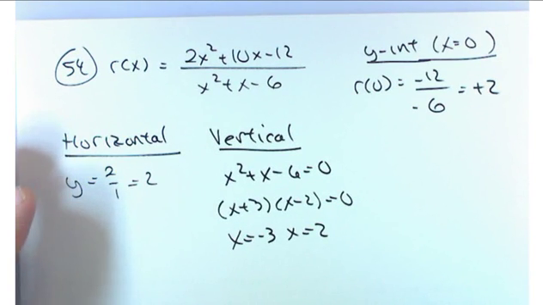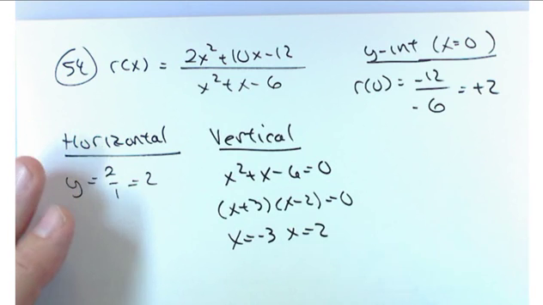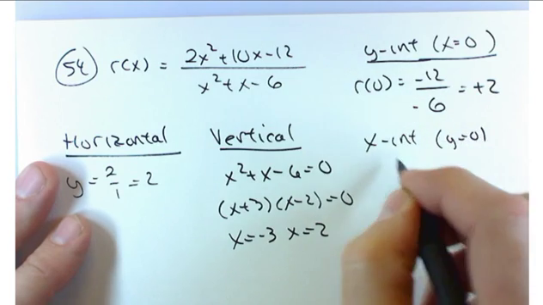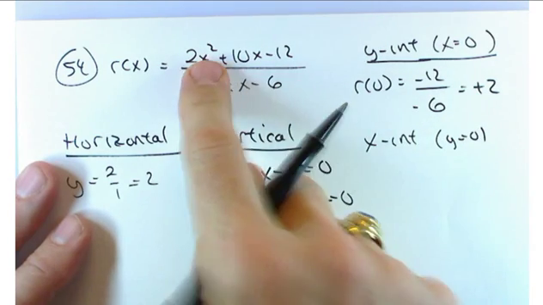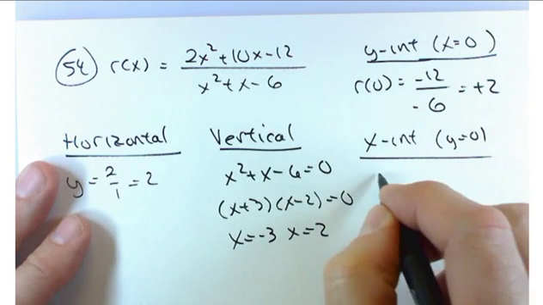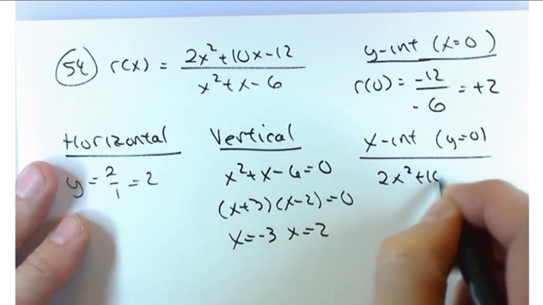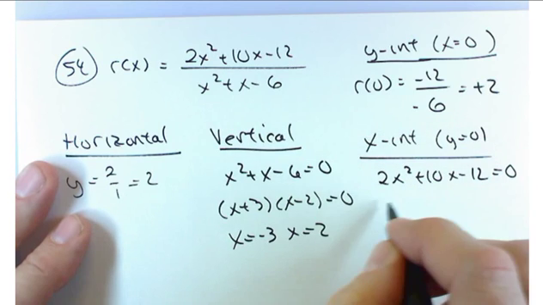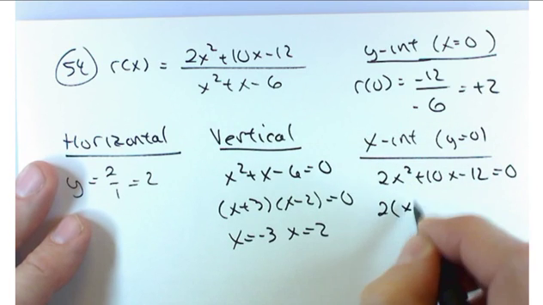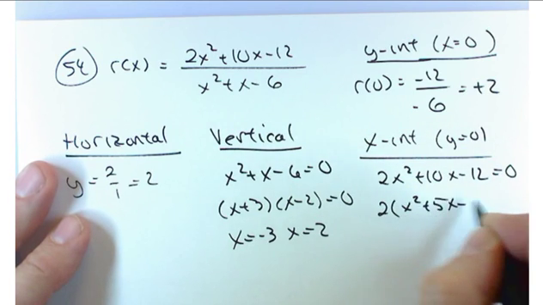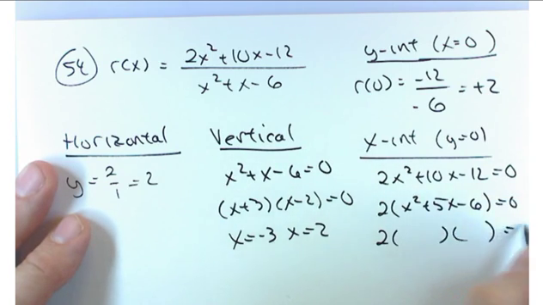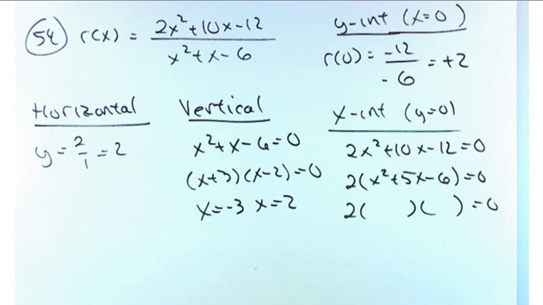Okay. How about flipping things around? If I want to find the x-intercepts, I'm going to set y equals 0. Basically, it's setting the numerator equals 0. So it's going to be 2x squared plus 10x minus 12. I'd factor out the 2 first. Once you factor out the 2, then you're in good shape.